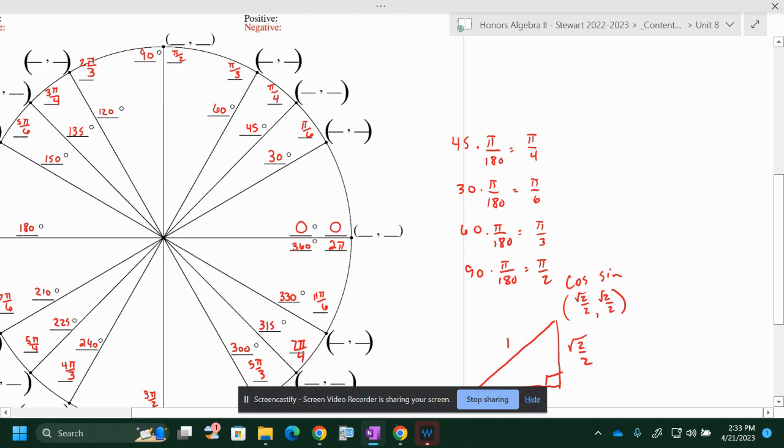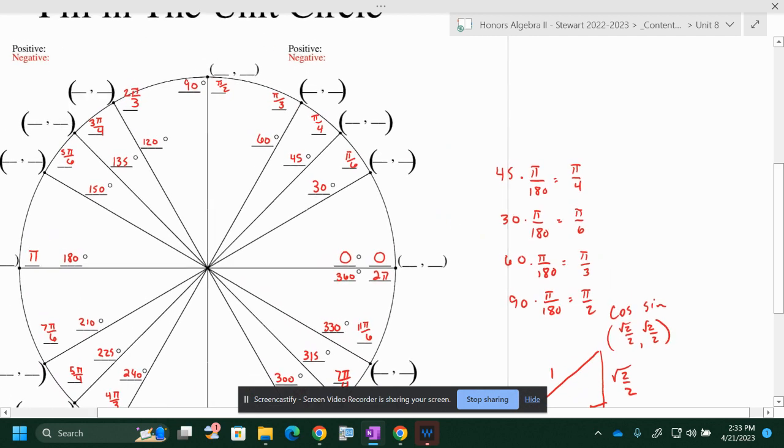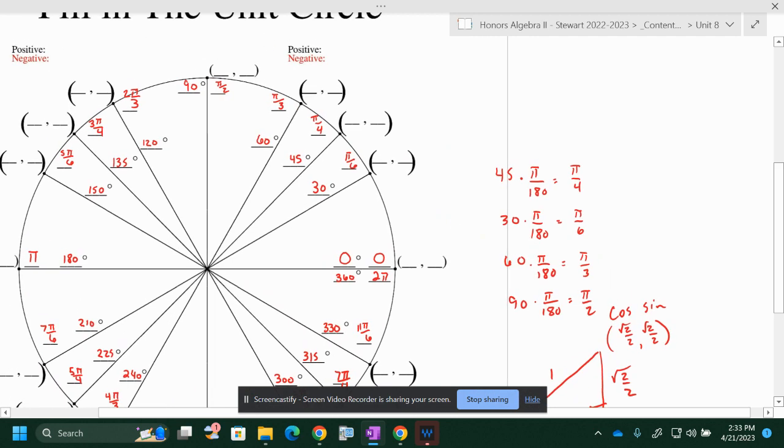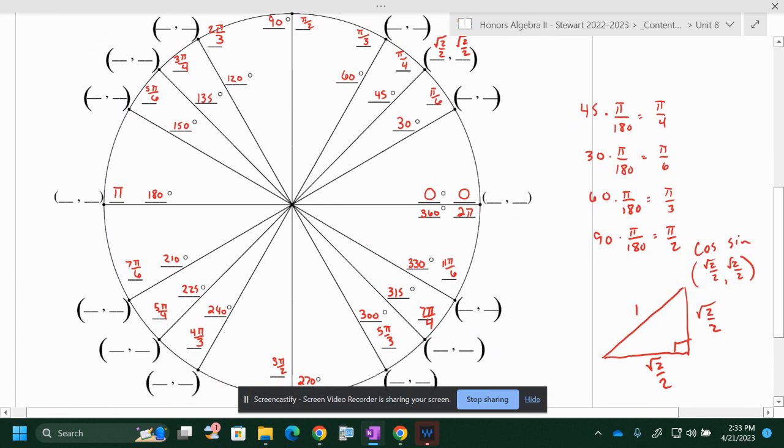So if I'm looking at 45, I'll get to the other ones in a little bit: square root 2 over 2, square root 2 over 2. Cosine is always my x, and sine is going to be my y.